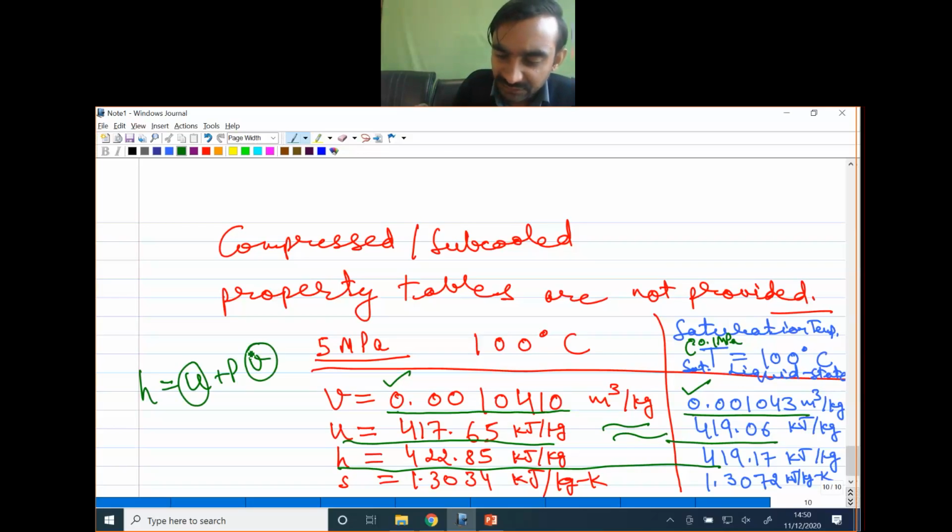Though U and V are not changing significantly, our value of pressure has changed significantly, and that changes the value of enthalpy by a large margin. So that's why enthalpy is something we cannot approximate using the saturated state.